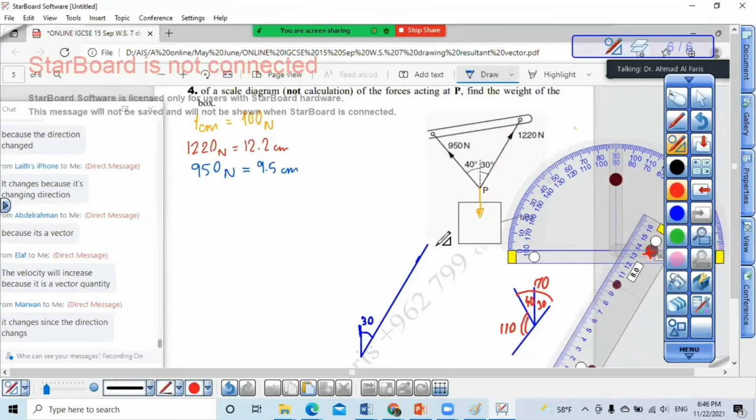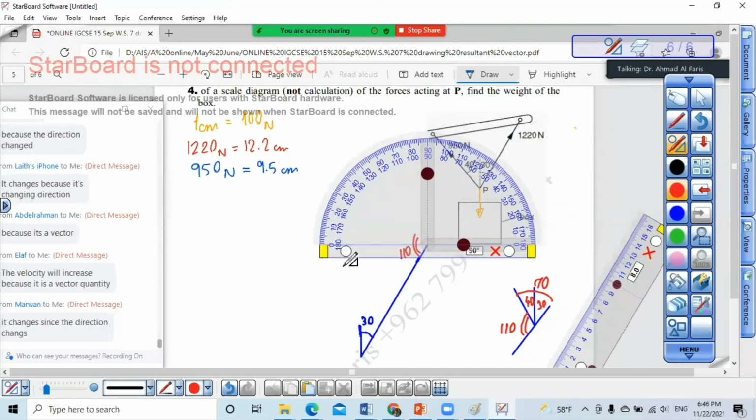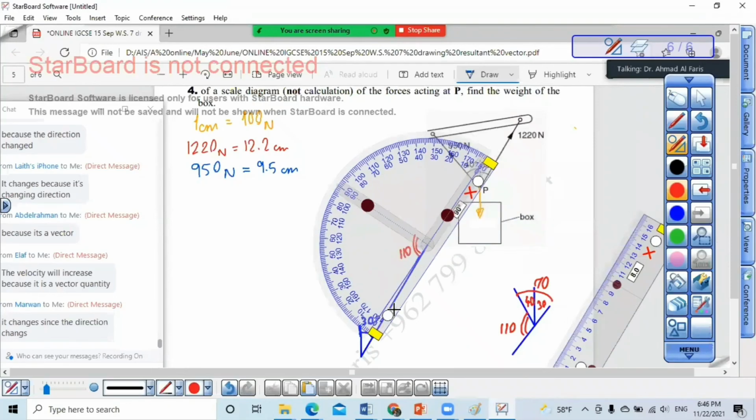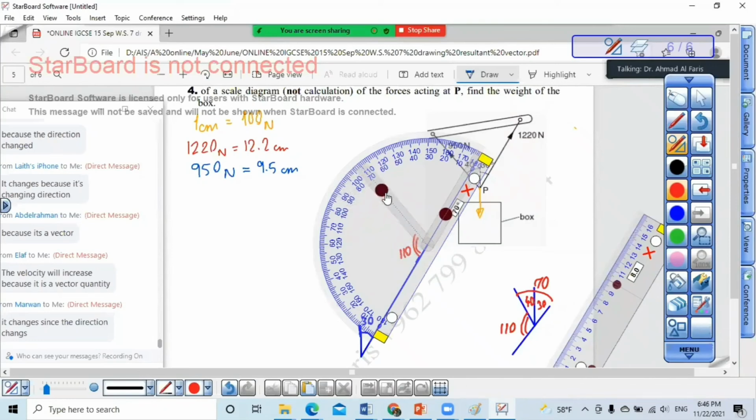So I will use my protractor to draw another force at an angle of 110 degrees from this direction. I put my protractor here, put the protractor at 0, and measure 110.